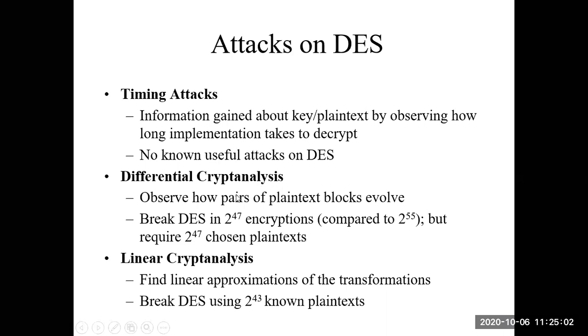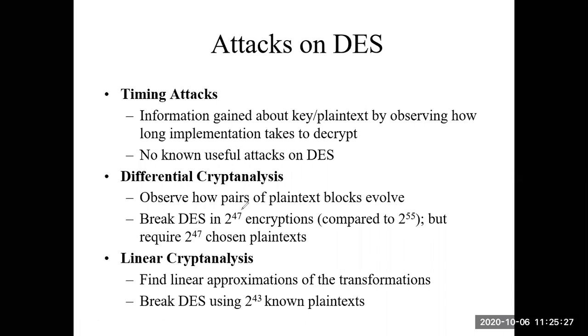Differential cryptanalysis will observe how pairs of the plain text blocks evolve. So at every round, it observes how the plain text blocks change. With this, they have proven that you can break DES in 2 to the power of 47 decryptions, compared to 2 power 55.